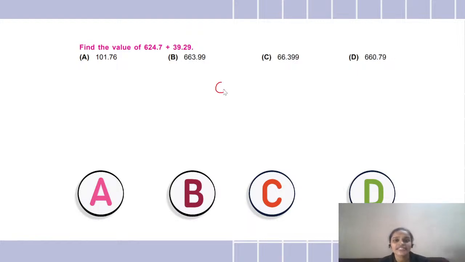We have 624.7 and 39.29. These two numbers we have to add together. There is no number after the 7, so it would be 0.